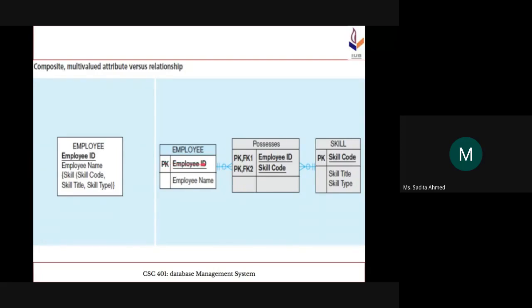The employee ID was originally the primary key of the employee entity. From there I brought it into possesses as an attribute. Whenever we do that, we call it a foreign key. When I bring in an attribute from another entity, which was a primary key in that other entity, we call it a foreign key.